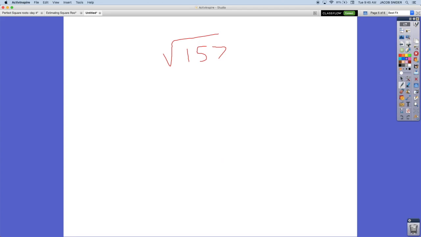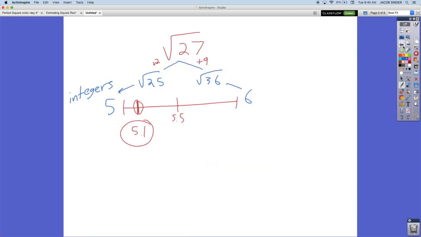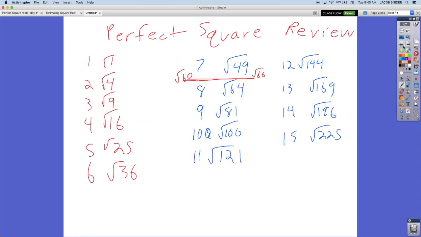2 more, I think. 157. All right, here we go. Let's take a look at it. So if I go back to look at my chart, okay, 157 is going to be somewhere, I'll make a different color here. 157 is going to be in between right here.